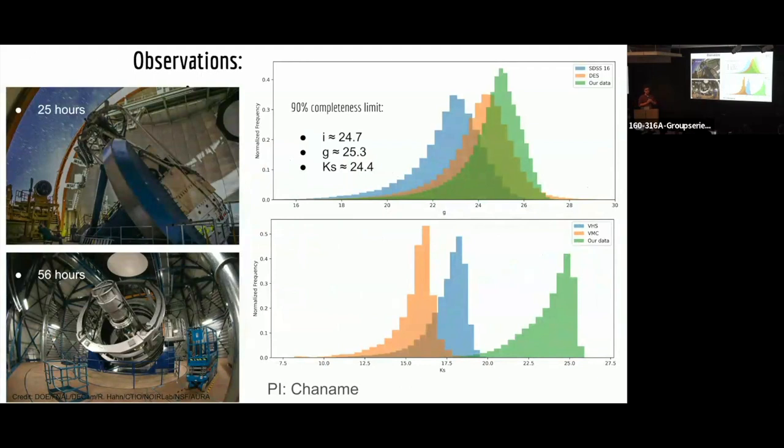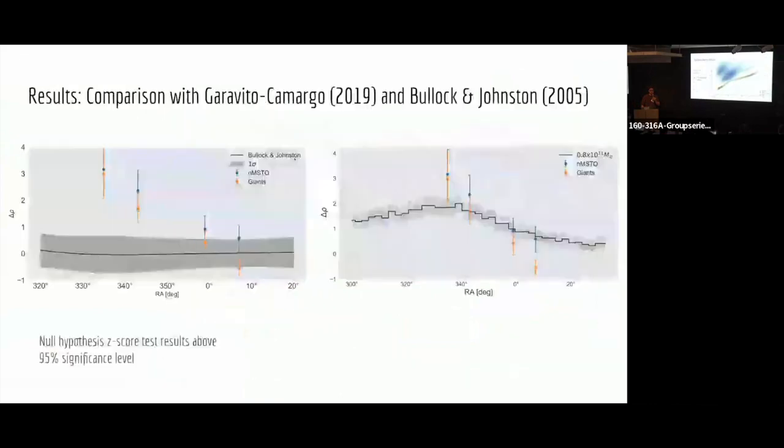And I think that's a good thing about using two tracers, that we get to see if our results change between them. We have a bright tracer and a less bright tracer that has better statistics, and we found both of them to behave similarly, with the exception of tile 1, the one on the right, where we have underdense according to giants, but close to 0 according to the numerous main sequence stars.